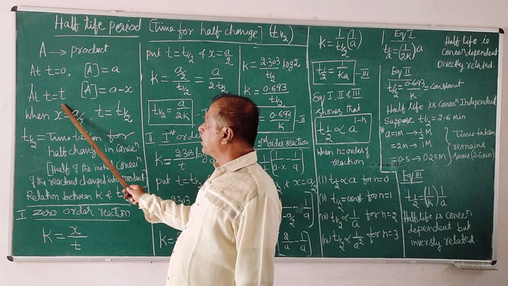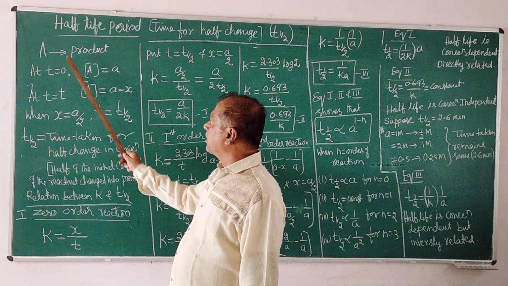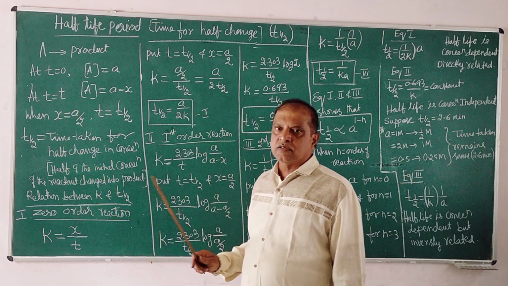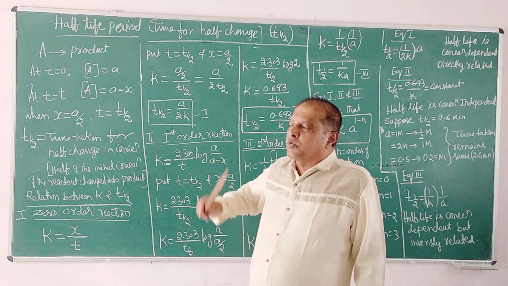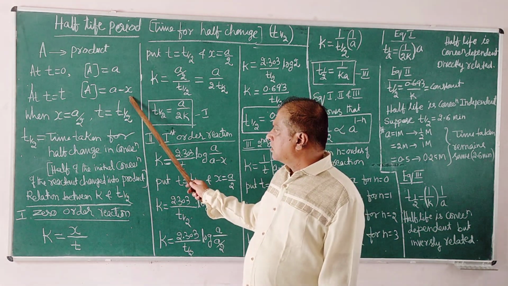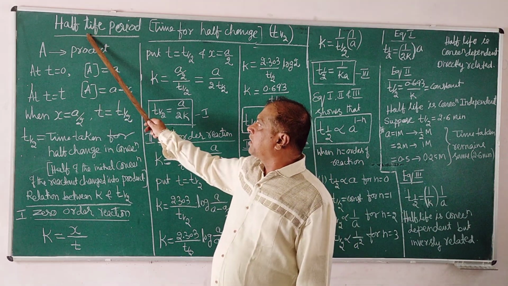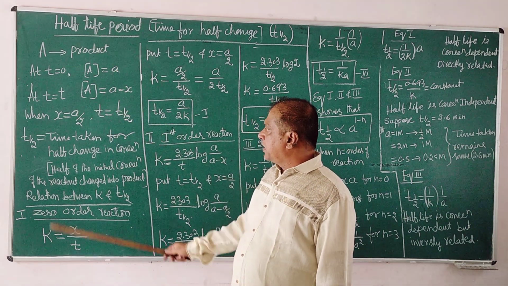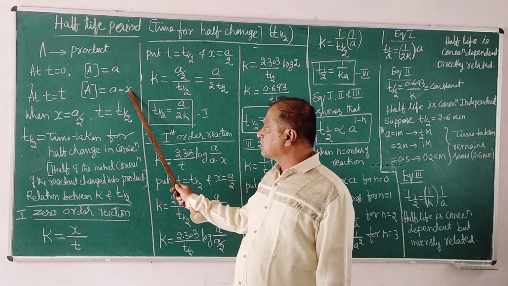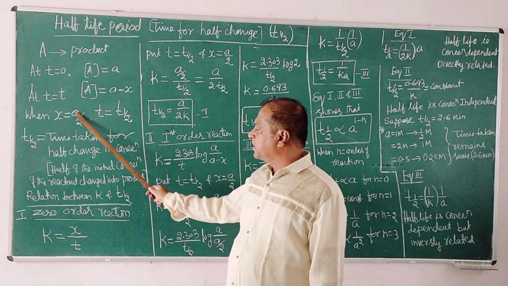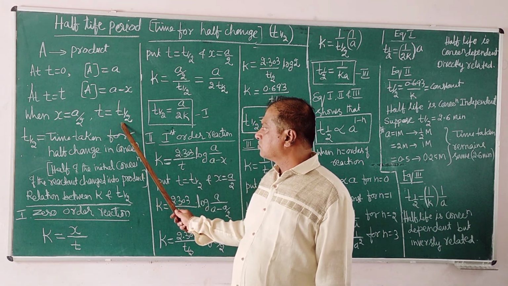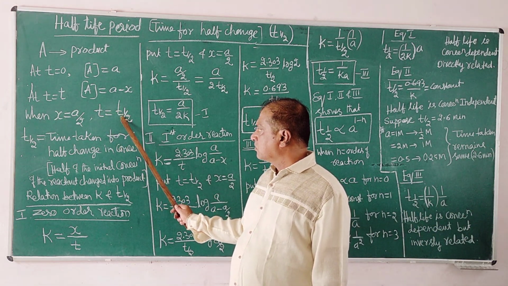After time t, the concentration of the reactant remaining is a minus x. x is the concentration of the reactant changed into product. Now let us see the half-life. When x equals a by 2, exactly half of the initial concentration, the time is called t half. It is the half-life for this change.